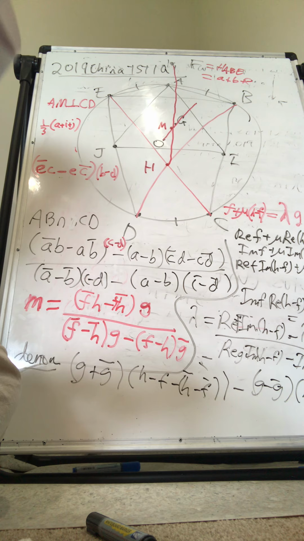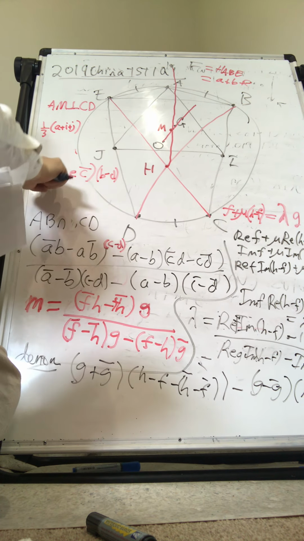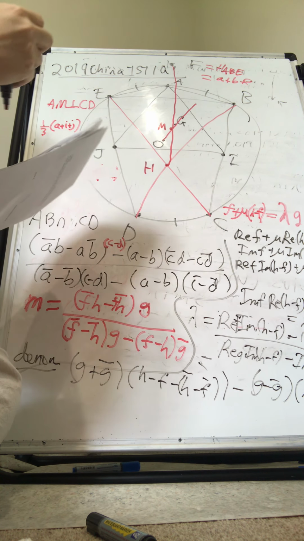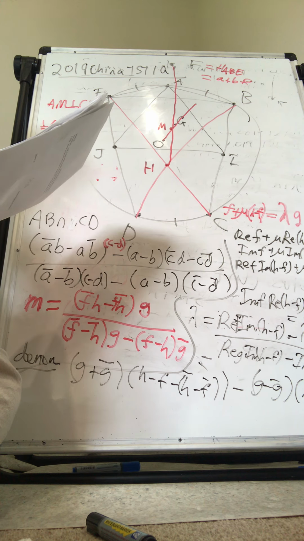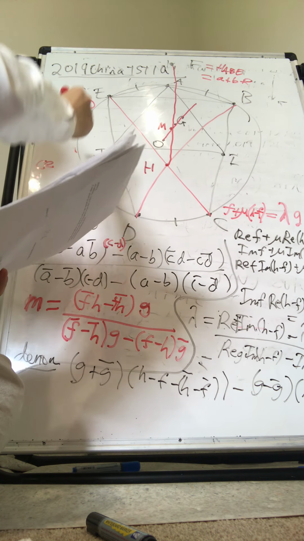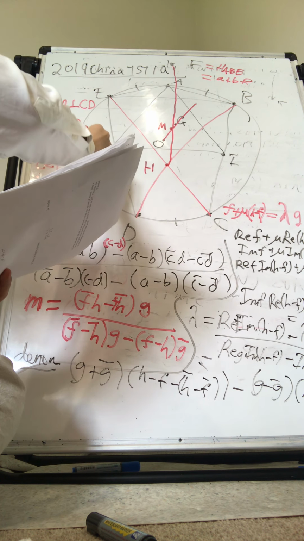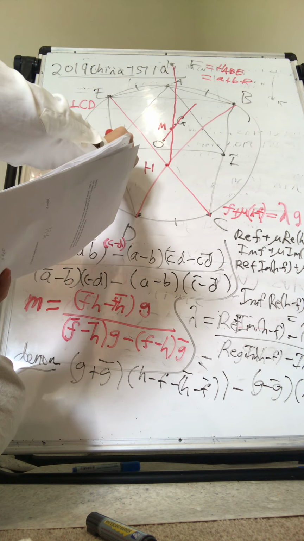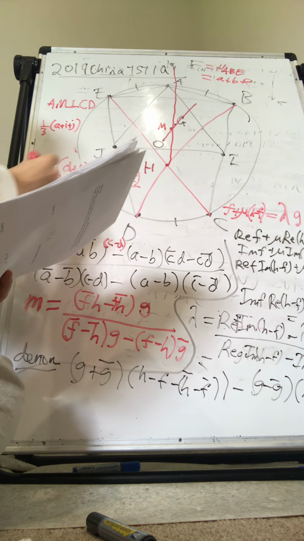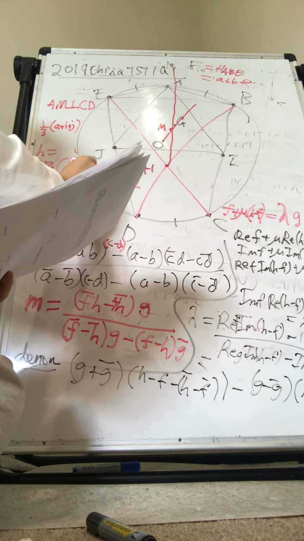So, I had CE, D plus B minus BD. Yep, correct. E plus C over, so this is H, yeah? Is equal to CE minus BD.